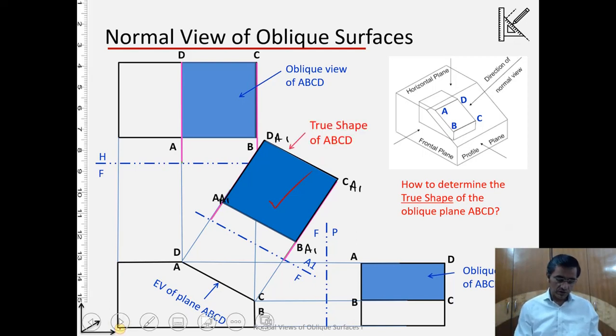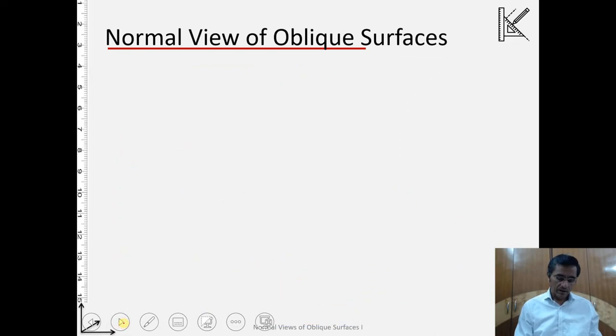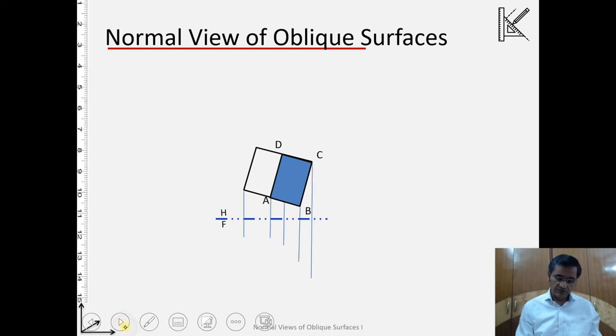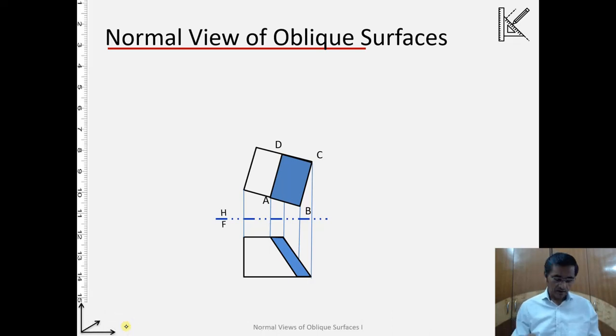Let us take one more example. This example is similar to the previous one and a little different. The horizontal view and the frontal view of a certain object are like this. Again, we will try to see if there is any line which we know as the true length.